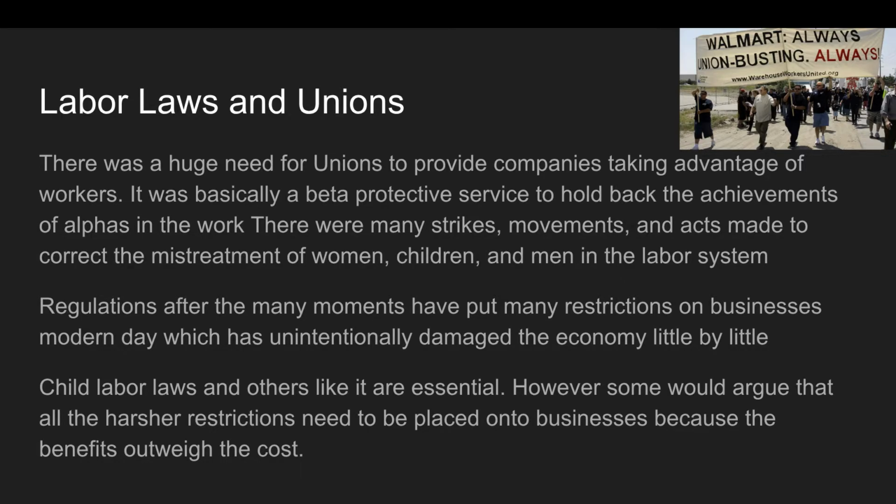Regulations after the many movements have put many restrictions on businesses in modern day, which has unintentionally damaged the economy little by little. Child labor laws and others like it are essential. However, some would argue that the harsher restrictions need to be placed onto businesses because the benefits outweigh the cost.